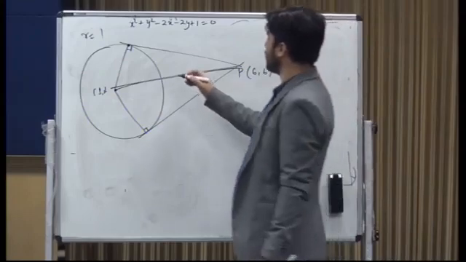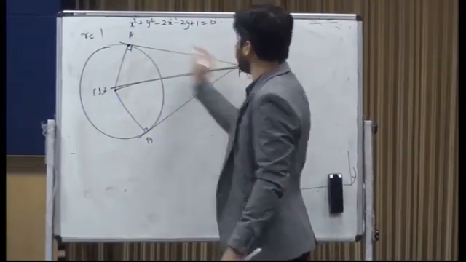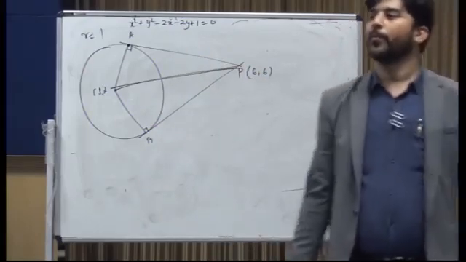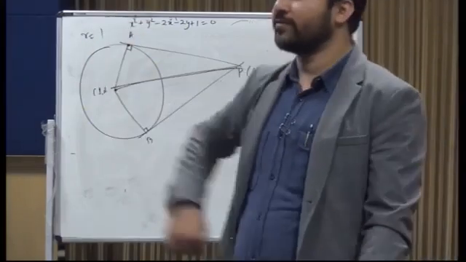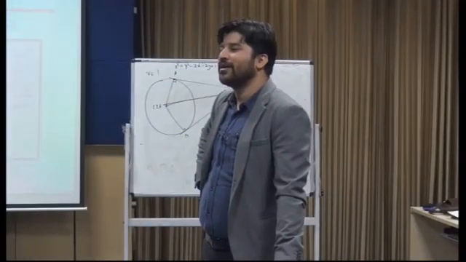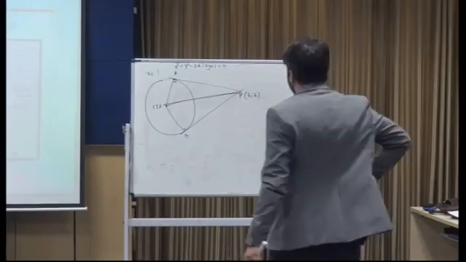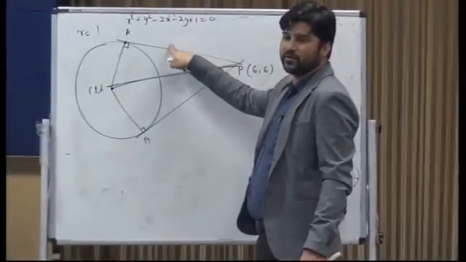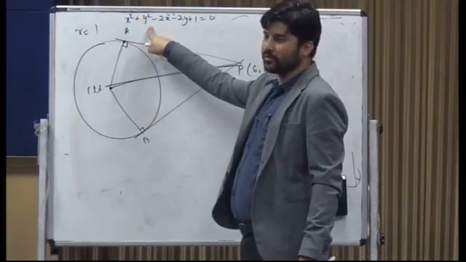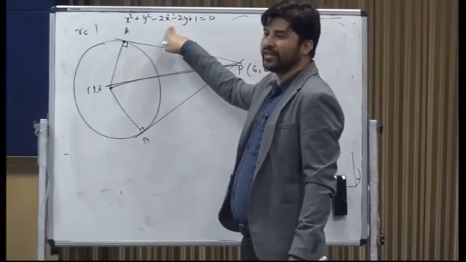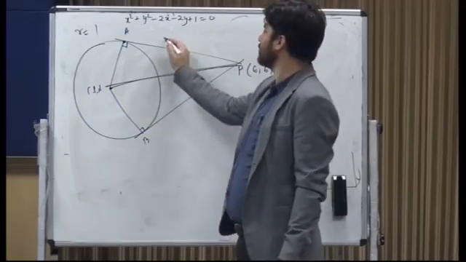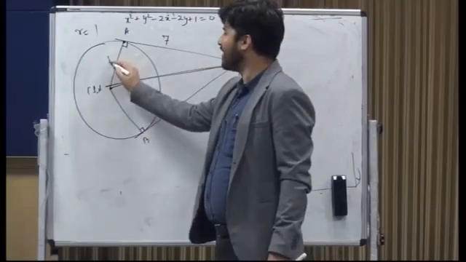Okay. This is A, this is B. Can you find the length of PA? What is the length of a tangent with respect to a point lying outside? Under root power of the point, you forgot the result again. Under root S1, remember? So the power of the point, take the square root. Put in (6,6), what is coming? 36 plus 36 is 72, 72 minus 12 that is 48, 48 plus 1, 49, under root, so this is 7, this is 1.